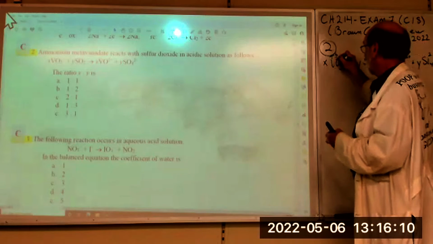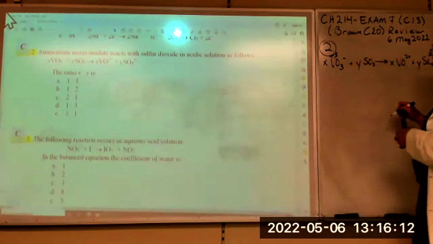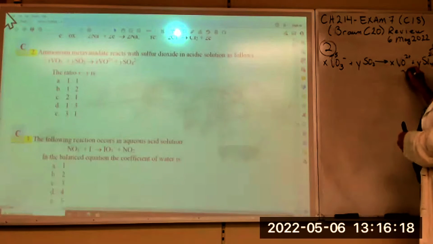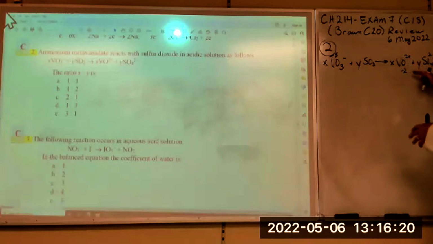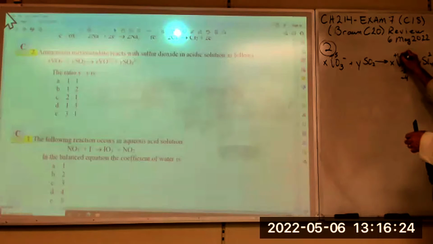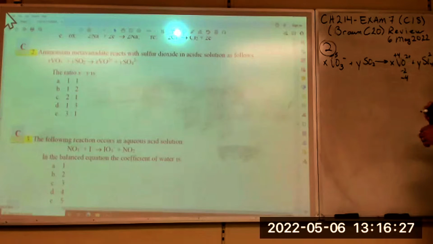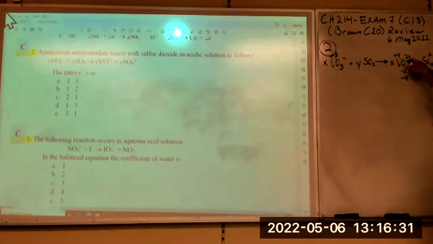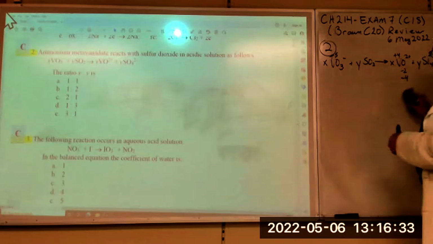So we need a +5 for that vanadium. This vanadium, that's a -2 here, but it has to be a +2 total. So we're actually looking at a +4 balance. So if we check ourselves, +4 and a -2 is a 2+. So that's good.